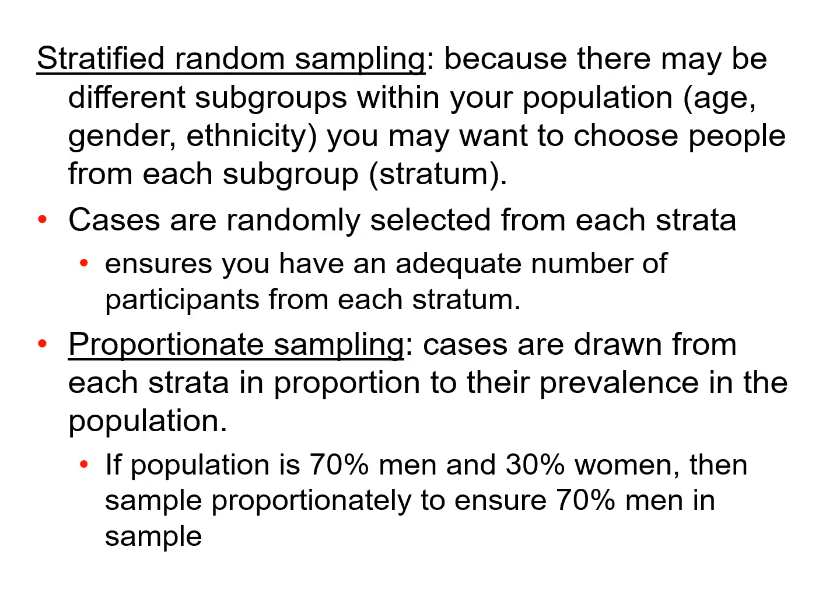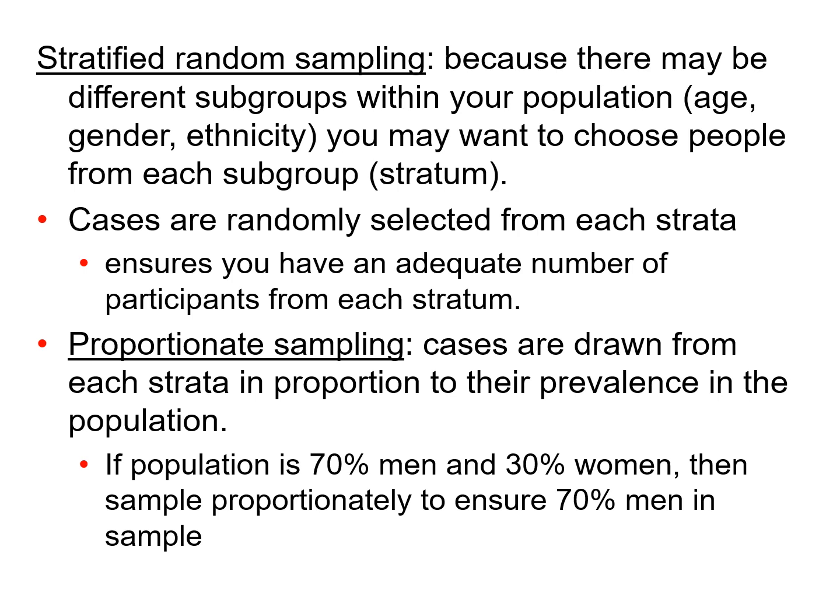We also have stratified random sampling. Because there may be different subgroups within your population, such as age, gender, ethnicity, you may want to choose people from each subgroup. Cases are randomly selected from each stratum. This ensures you have an adequate number of participants from each stratum.